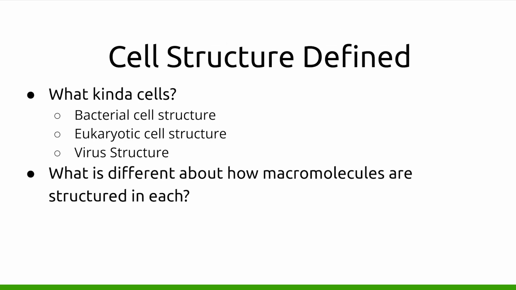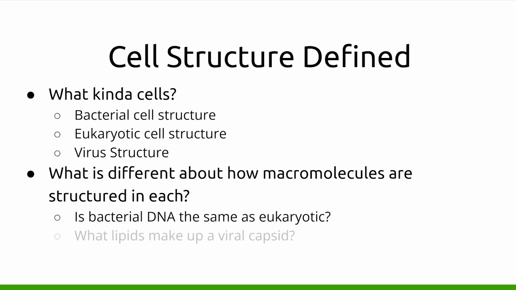Okay, then I'm also going to have to understand differences. So how are the macromolecules talked about previously, how is each of those macromolecules going to be structured in each of these cells? That's the beginning of the integration that's going to be tested on the MCAT. So is bacterial DNA structured the same way that eukaryotic DNA is structured?